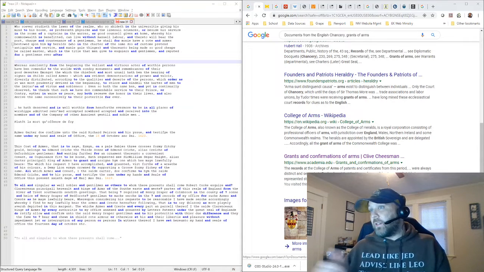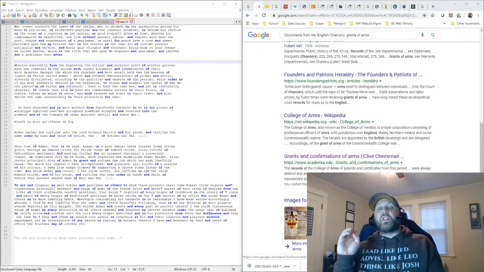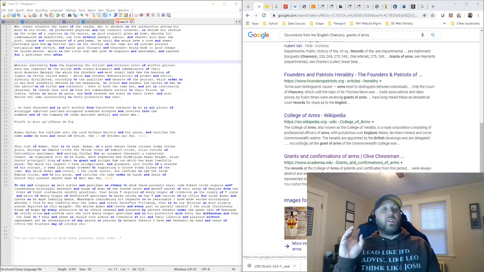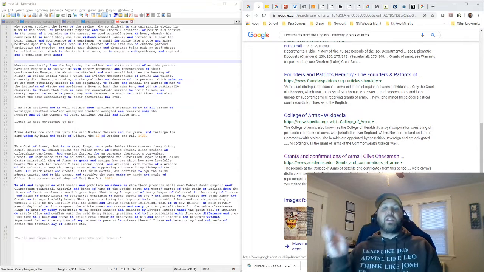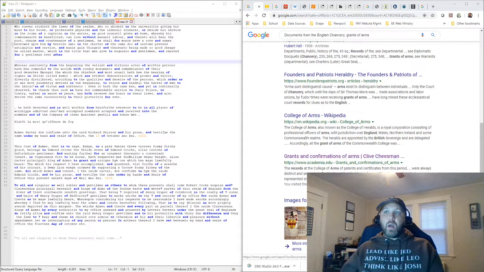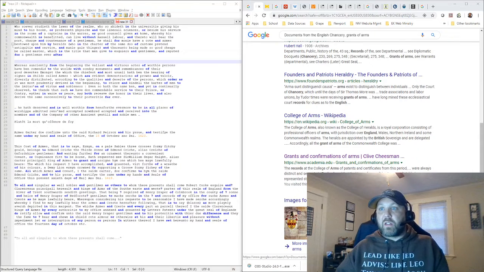The second one, in slightly older language: "Anciently from the beginning of the valiant and virtuous acts of worthy persons." Again, dealing with the metaphysical attributes of the recipient themselves, instead of that more formal introduction that you would see in later period texts.